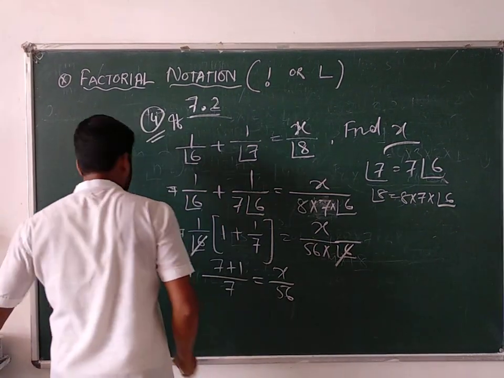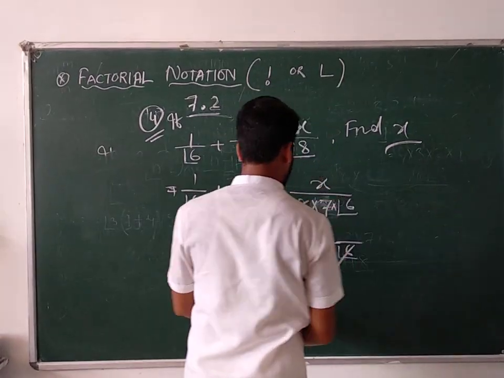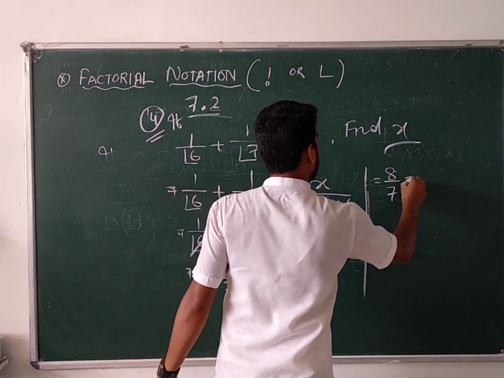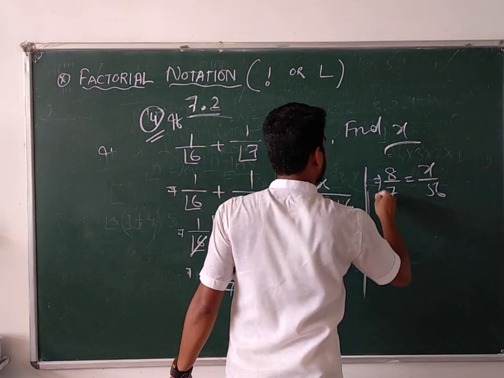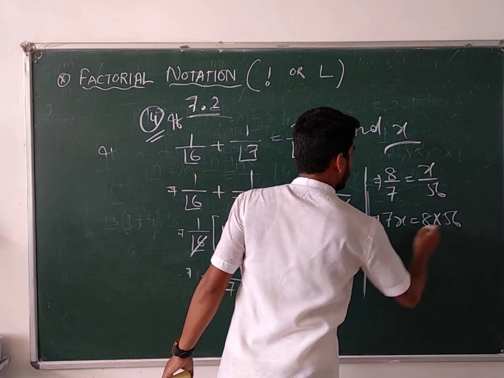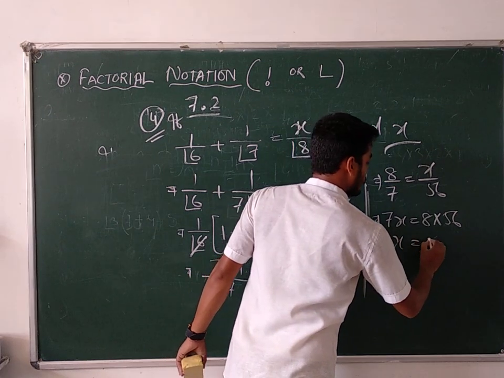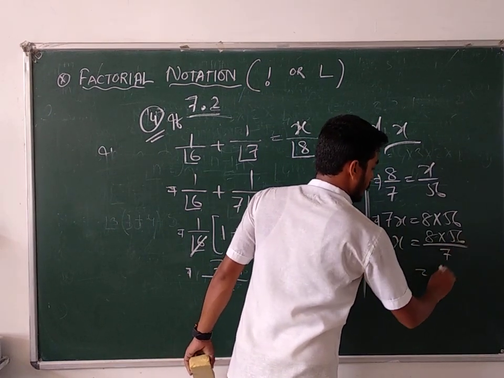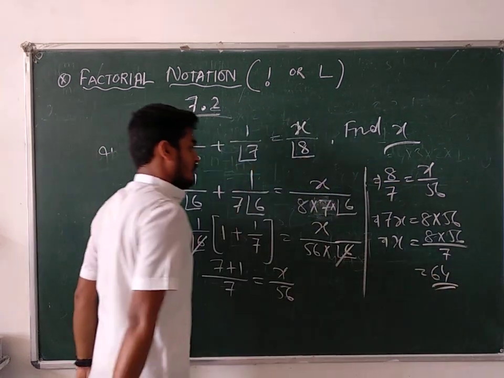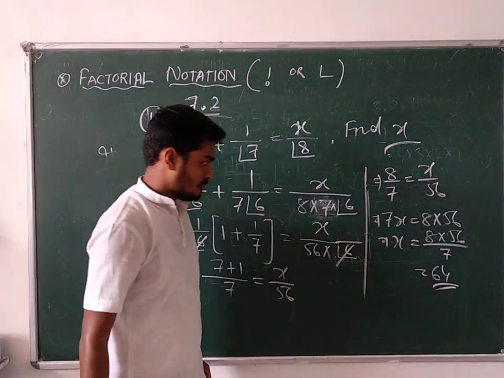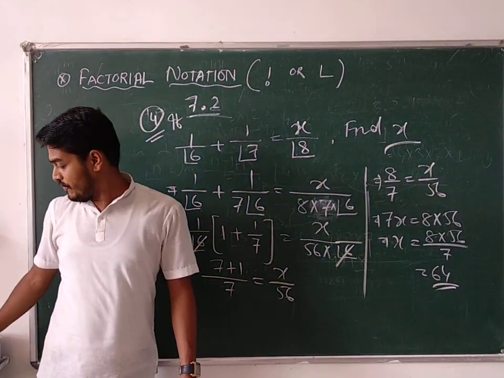Correct? So we can easily simplify it. What will be the expression? 8 by 7 is equal to x by 56. Then 7x is equal to 8 into 56. So x is equal to 8 into 56 by 7, so 64. Oh sorry, 64 is the answer.